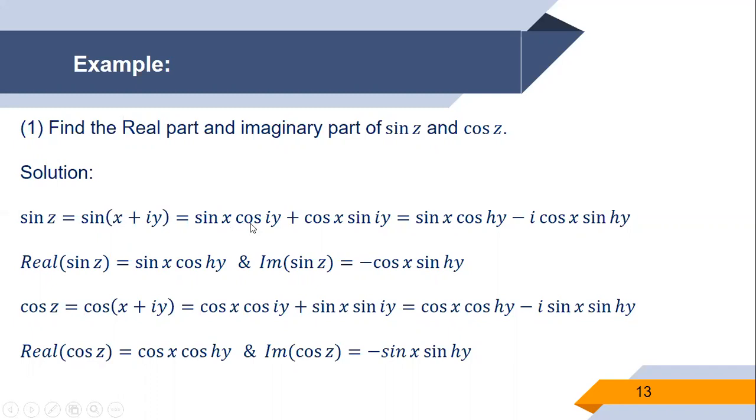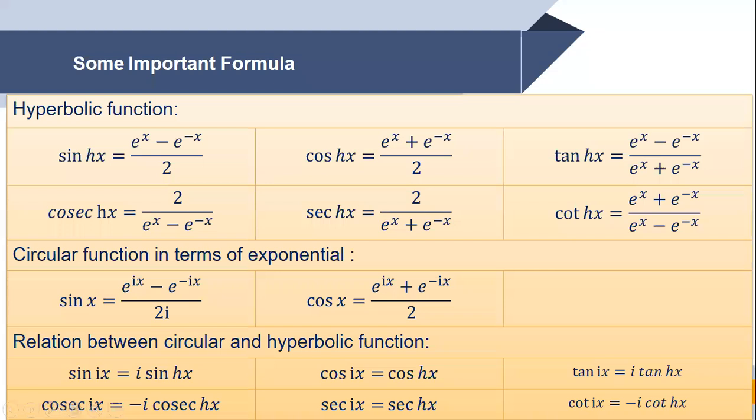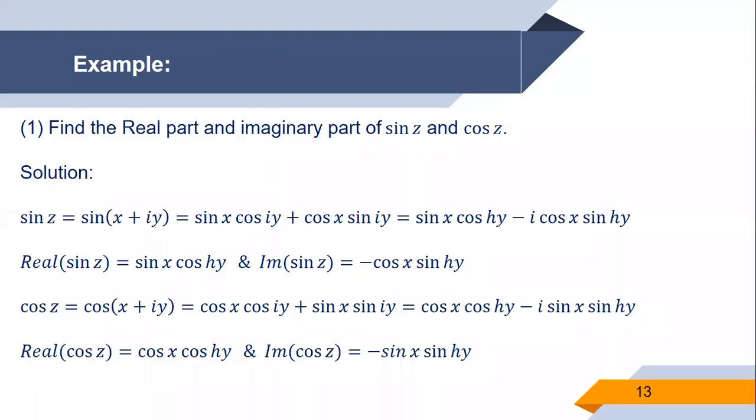Now we can't say directly which is the real part and which is the imaginary part. So first we use cos iy. Using the previous slide, we know that cos iy is cos hyperbolic y, and sin iy is i sin hyperbolic y.